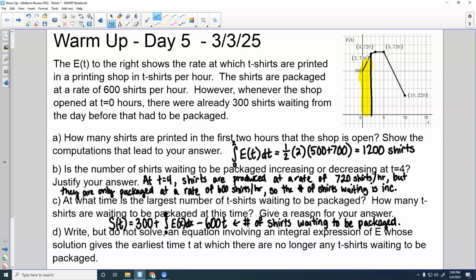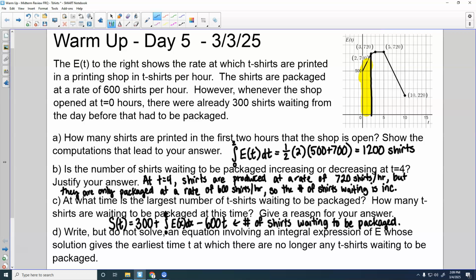Okay. So if I'm looking for the largest number of shirts, the biggest backlog, that is a maximum. How do I find a maximum using some calculus? What do we set equal to 0 and do a sign line?